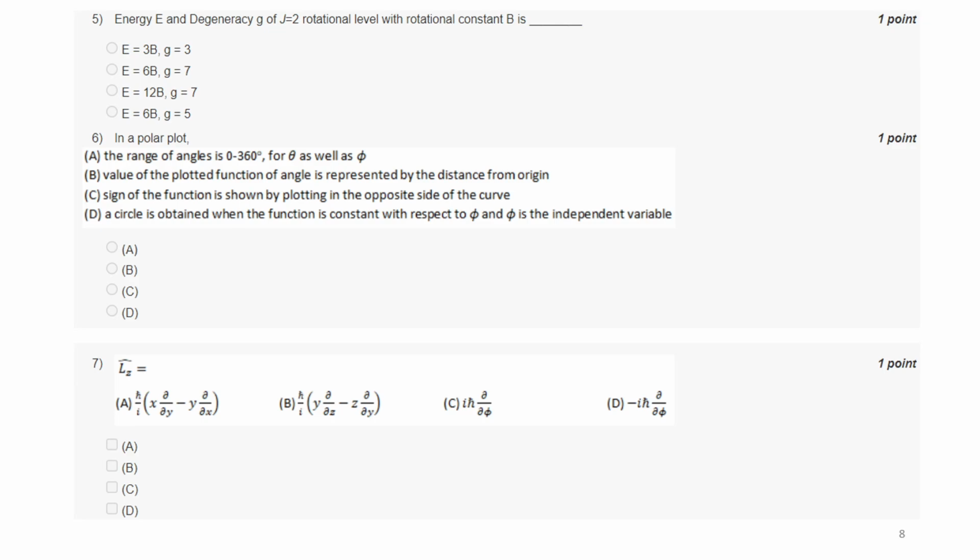When we solve this rigid rotor system, we can get an idea regarding the rotational energies of a system, right? Obviously we are going to get some quantized energy, and that energy can be related to the rotational energy of a diatomic or a multi-atomic molecule, but that is for a later case.